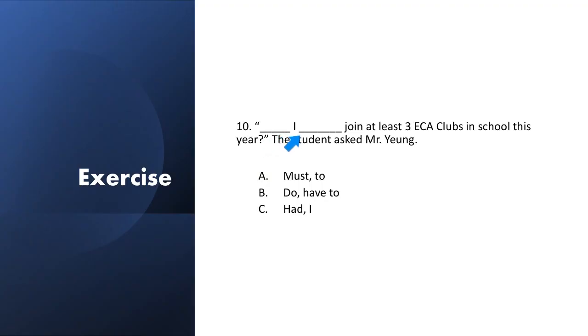Question 10. "Something joined at least 3 ECA clubs in school this year," the student asked Mr. Young. So this student is trying to clarify some rules with Mr. Young. We're talking about obligation here. The tricky thing here is we need to know how we use modals to form a question. Let's take a look at the options. A. "Mustn't to. Must I to join?" Now this is absolutely wrong because when we ask a question, we usually say only "must I" and then the verb in base form.